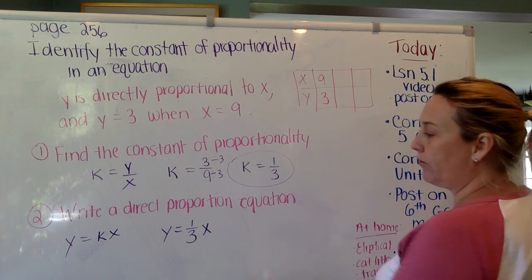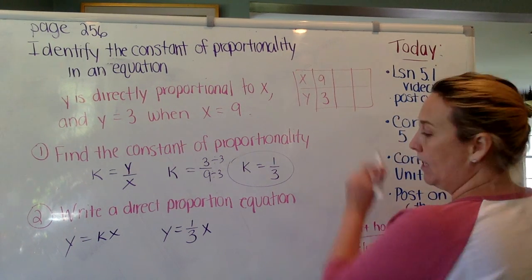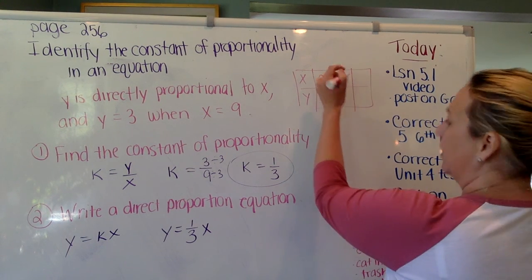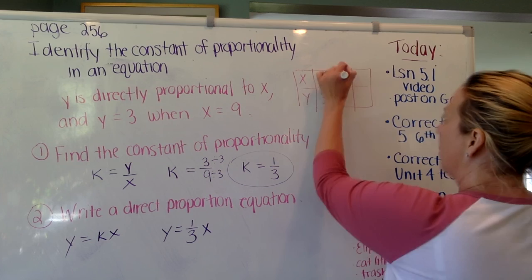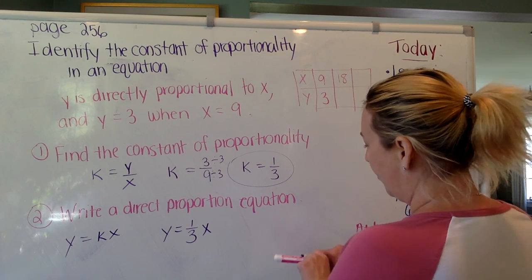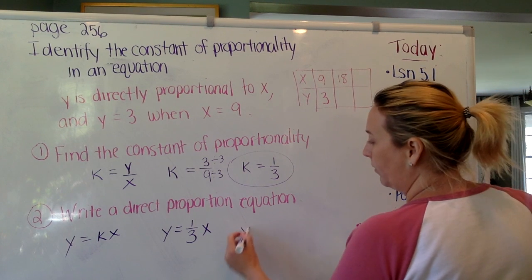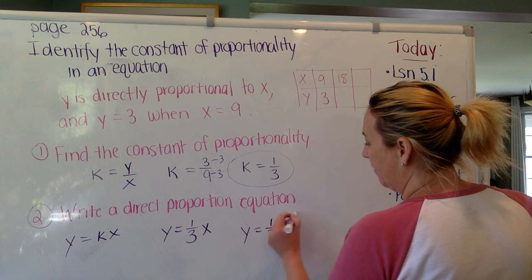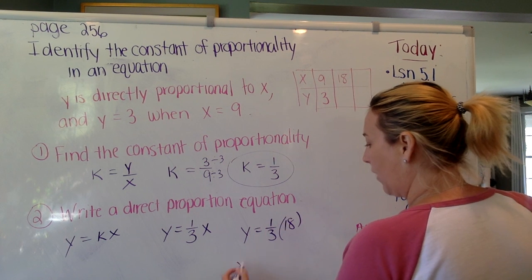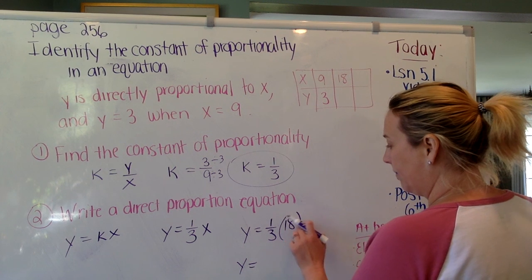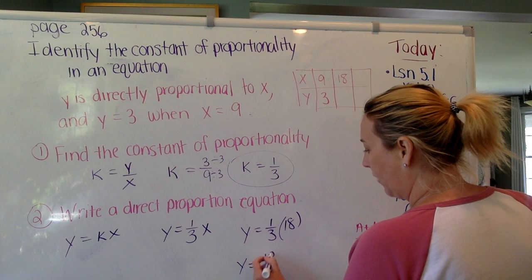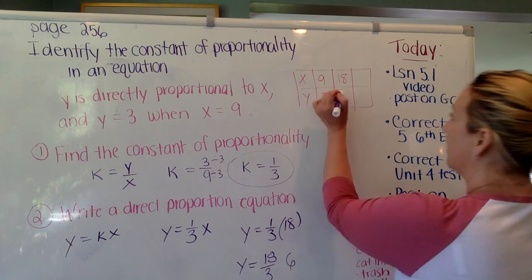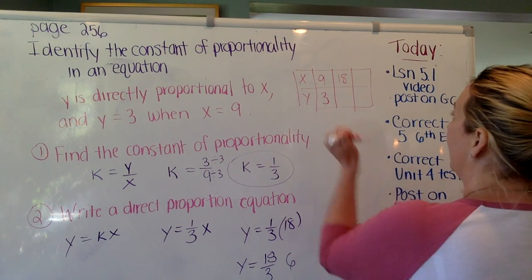So give me a value for x. Let's just say that x is equal to 18. So if I plug in the value, y equals 1/3 times 18, I should get that y equals 1 times 18 is 18. So 18/3, which means y is equal to 6. So put that there.